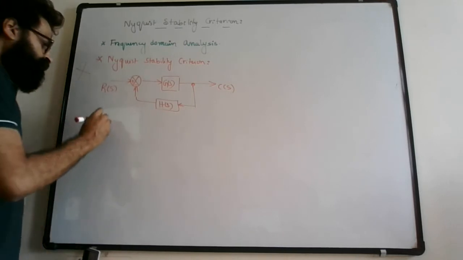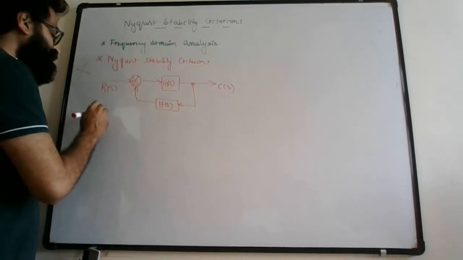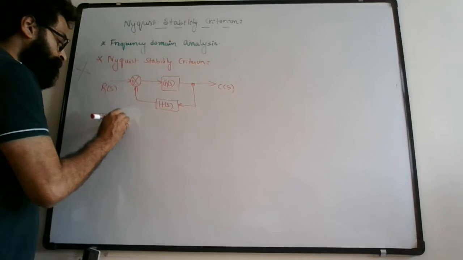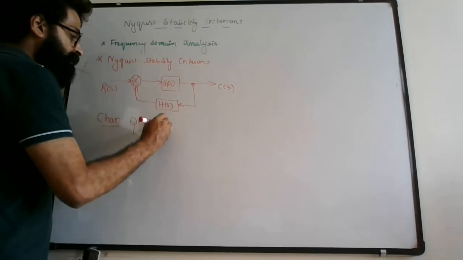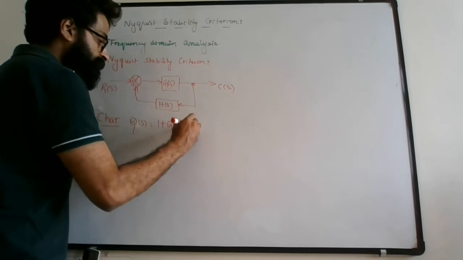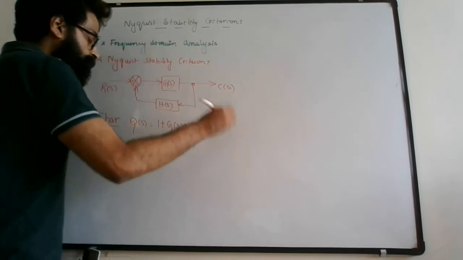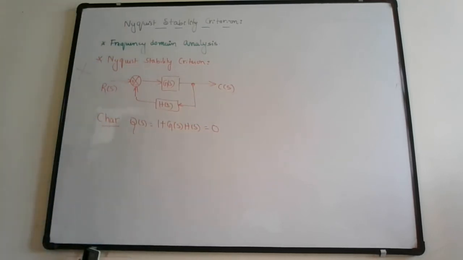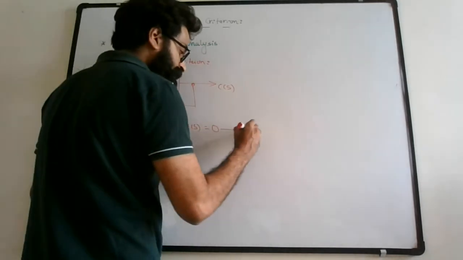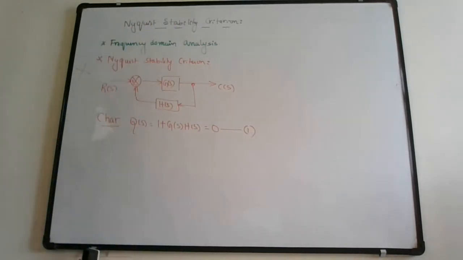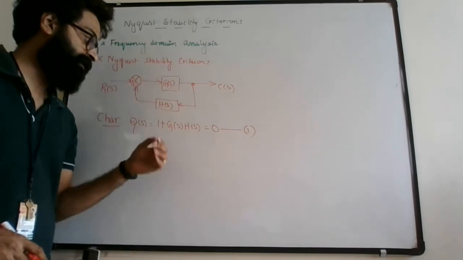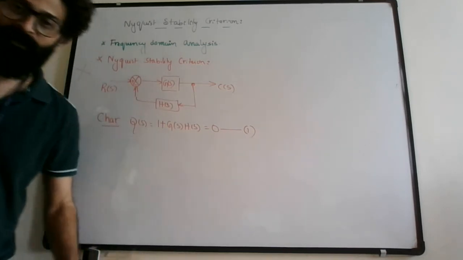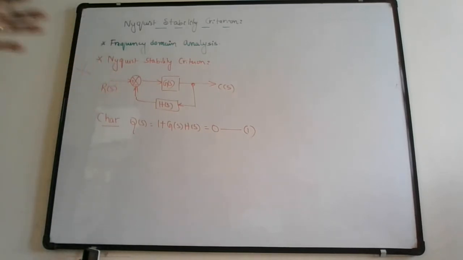Now, the characteristic equation, let's say Q of s, is 1 plus G of s into H of s is equal to 0. So equation 1 is basically the characteristic equation. And you can also see that by rearranging this characteristic equation, you can derive angle and magnitude conditions even for Nyquist plot.